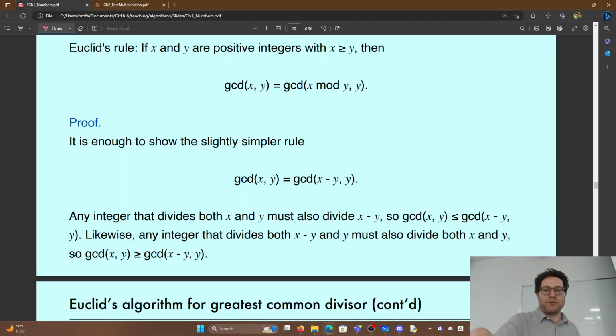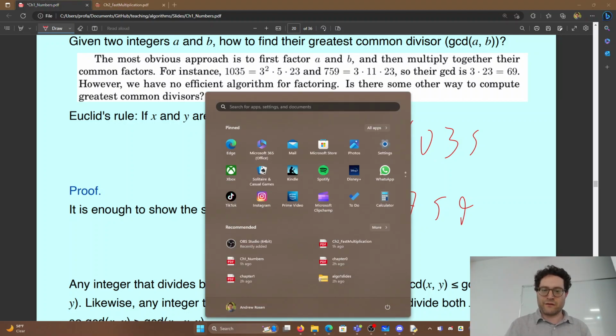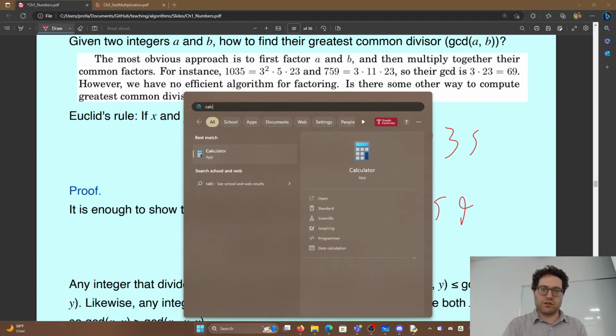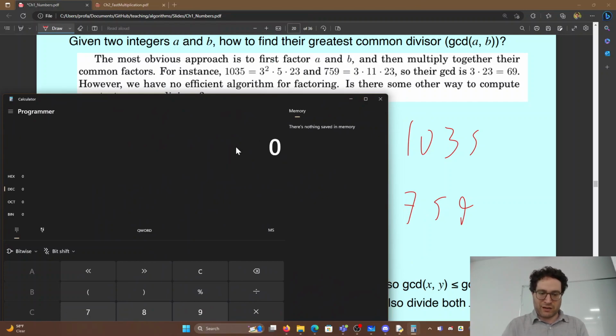Any integer that divides both x and y, so in this case, we saw that 69 divides both 1035 and 759, must also divide 1035 minus 759. I'm using a calculator to do the math for me, because I'm not going to do that in front of the class and waste your time or make an embarrassing mistake. 1035, I say as I mistype things, minus 759 is 276.